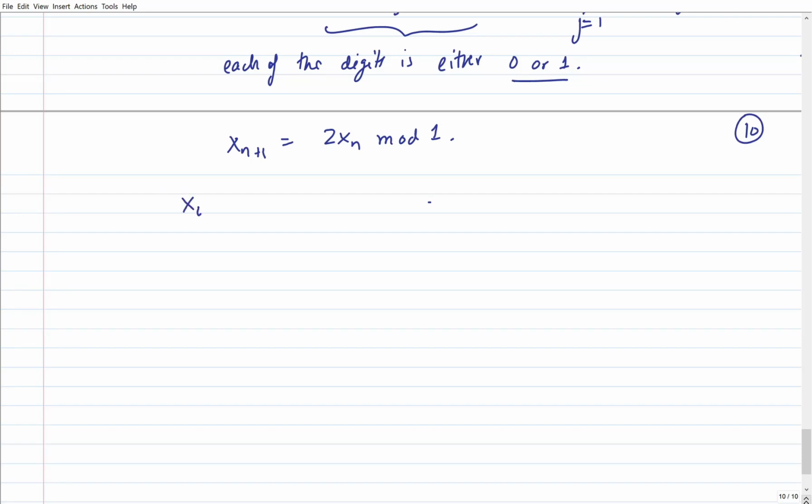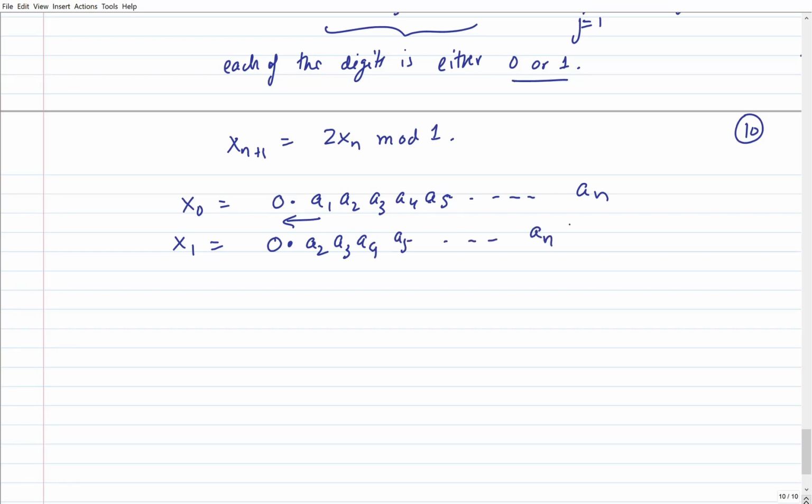Essentially this map boils down to this: you start with a condition A1, A2, A3, A4, A5, up to AN. The first iterate shifts, and the second iterate gives you another shift.